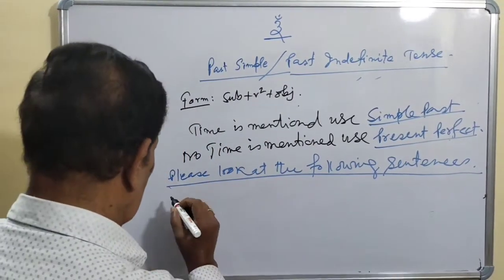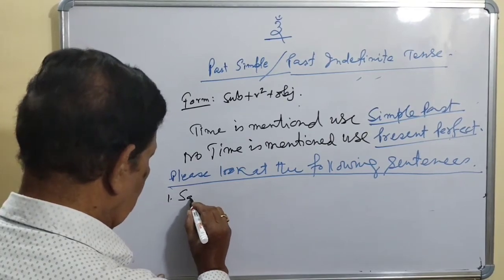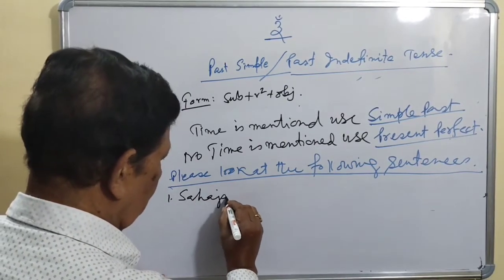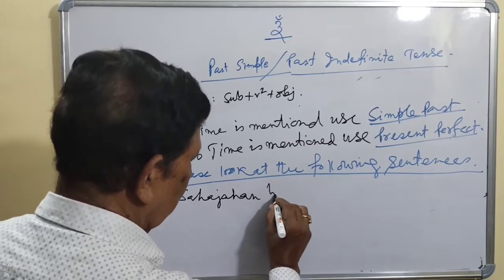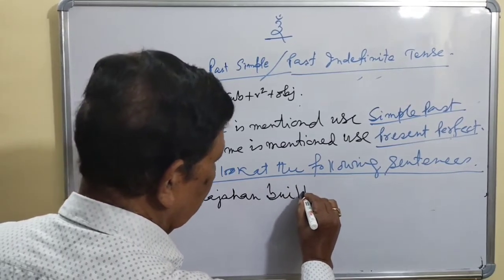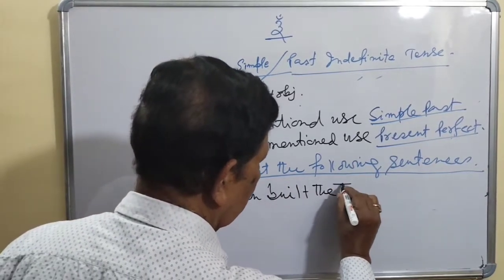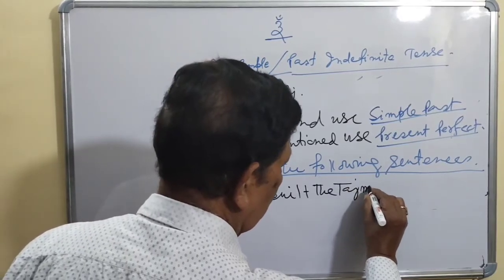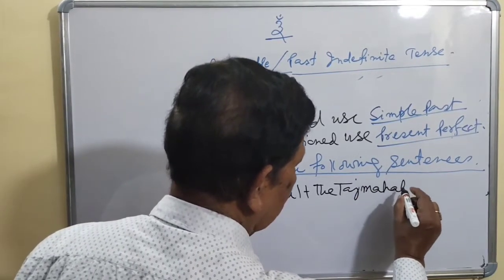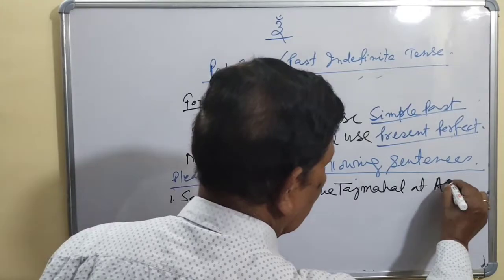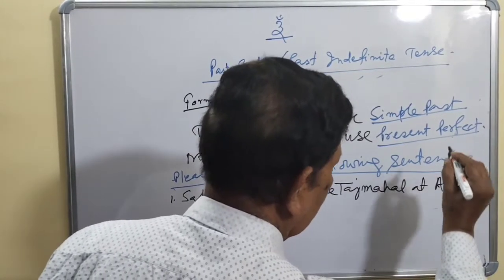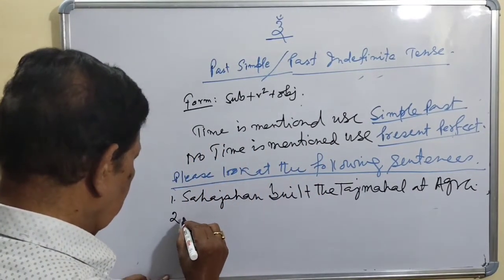Number 1. Shahjahan built the Taj Mahal at Agra. Number 2.